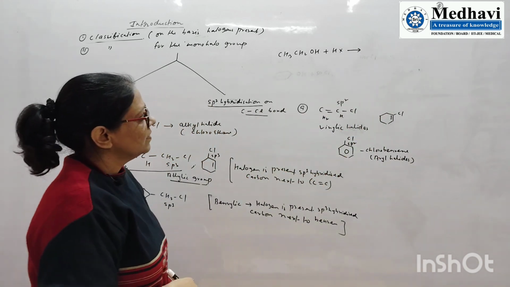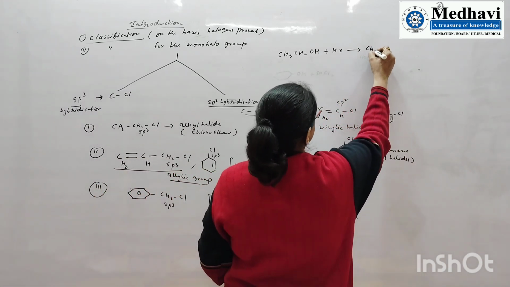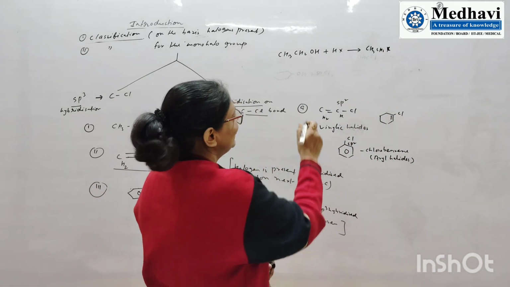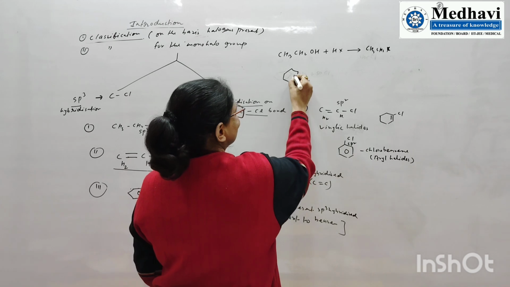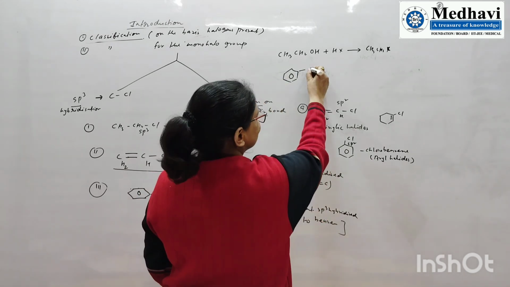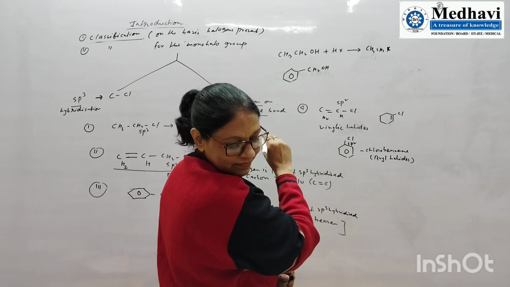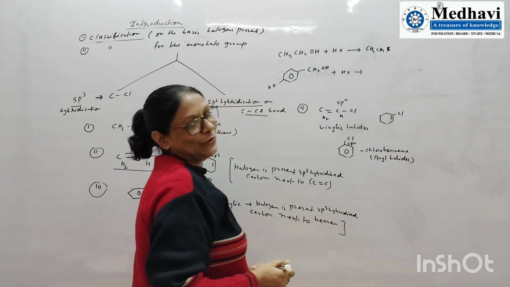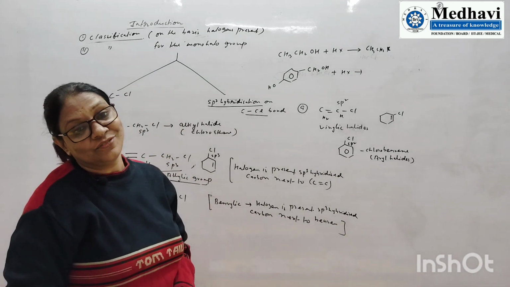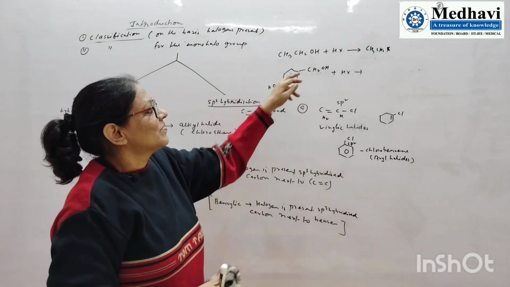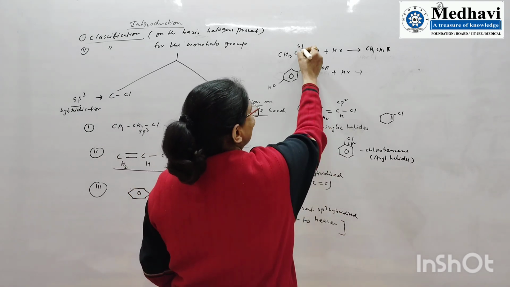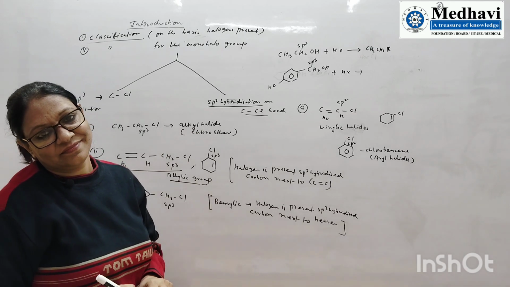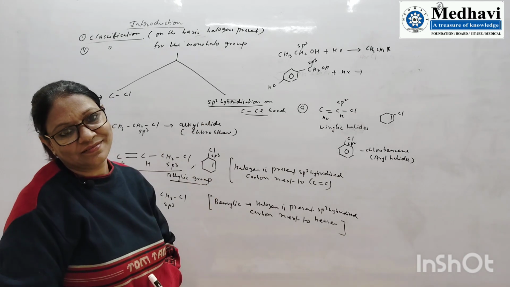Here we can say simply this is CH3, CH2, X. Now, another question is this one. What do you think? Is it different? No. See, this is an sp3 hybridized carbon. This is also an sp3 hybridized carbon. Can you easily solve this question?